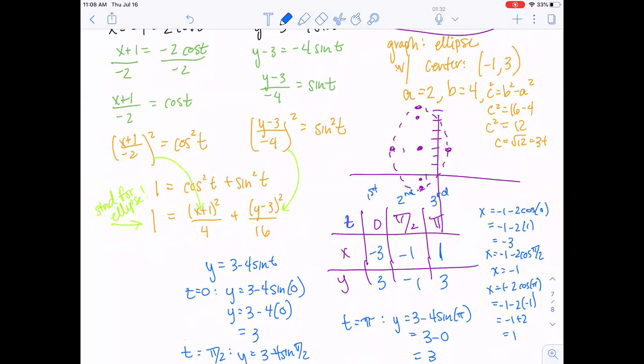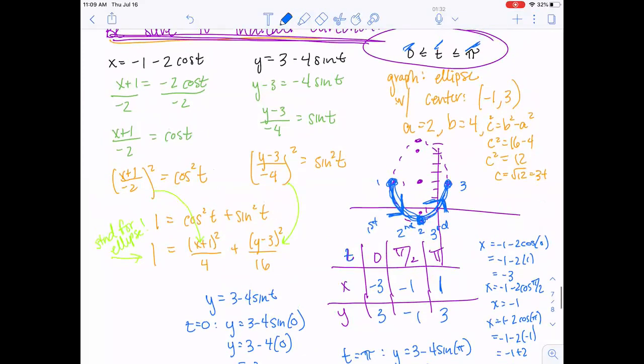The first ordered pair is -3, 3. That would be this point, so that's 1. The second ordered pair is -1, -1. That's 2. And the third ordered pair is 1, 3. That's this point right here. So we are going to fill that part in and put the direction on it. Go 1, 2, 3, so the arrows will go that way.